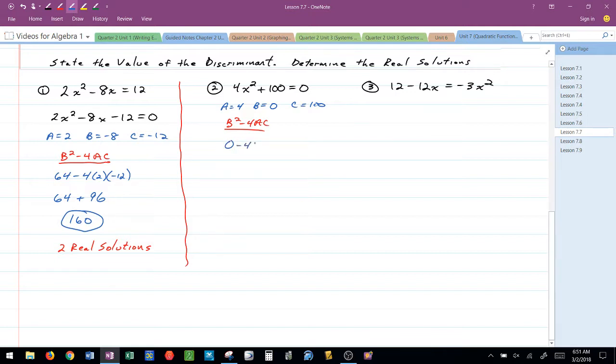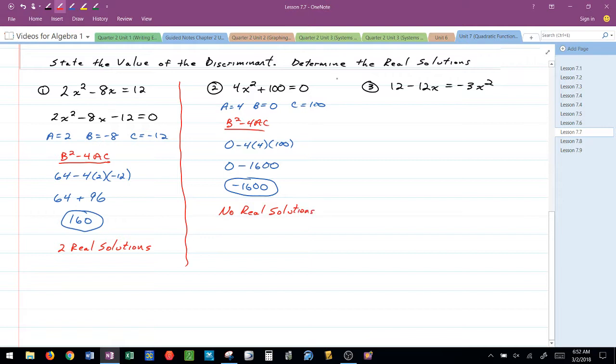I have negative 4 times 4 times 100. All right, so that would be 0 minus, because there's only one negative there. 16 times 100, that would be 1600, or a discriminant value of negative 1600. Now that negative 1600 tells me that because it's negative, there are no real solutions.